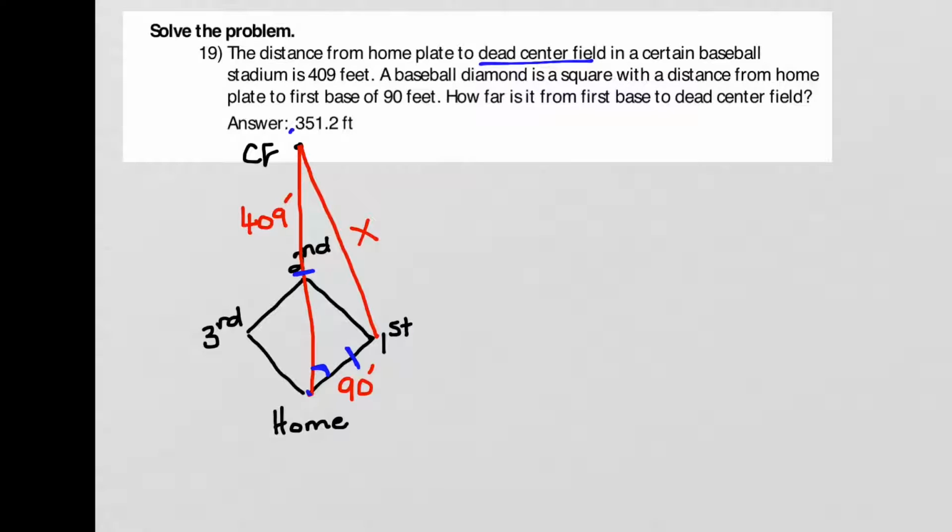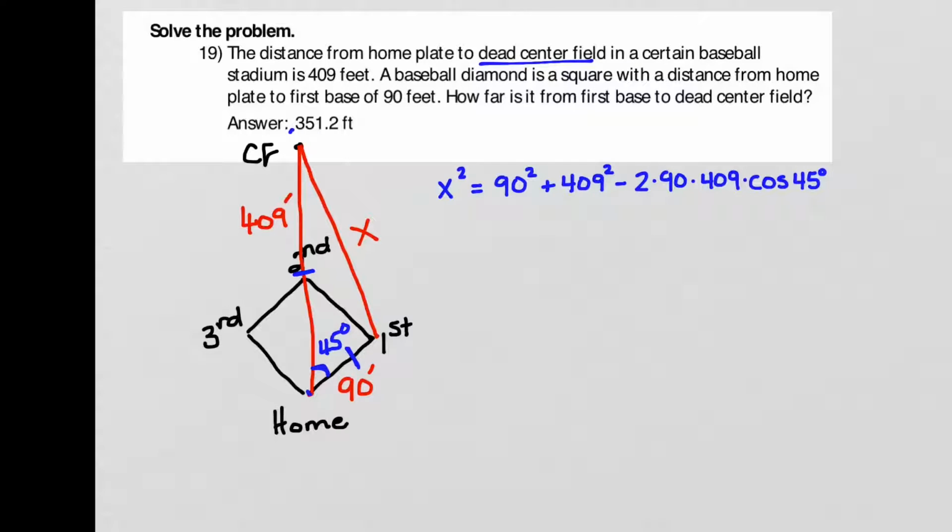And since our line is going through second base, this must be a 45-degree angle. So now I have an angle and the two sides on either side of that angle, and so we can solve for x.